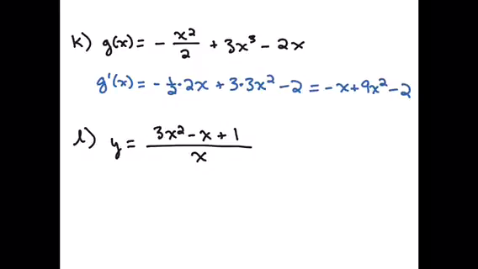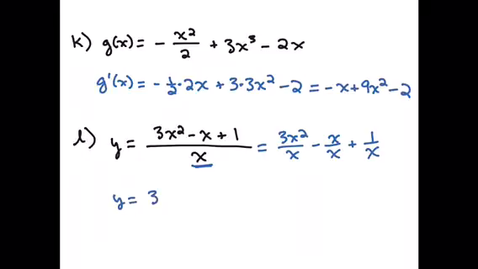Now, we have a fraction here, and I can't power rule this the way it's written. However, when I have a single term in the denominator, I can separate into individual fractions. So this is really 3x squared over x minus x over x plus 1 over x. And if we simplify that, I get 3x minus 1 plus x to the negative 1.